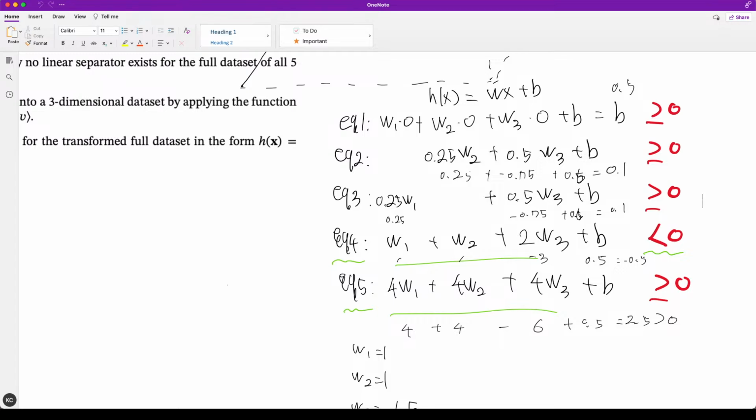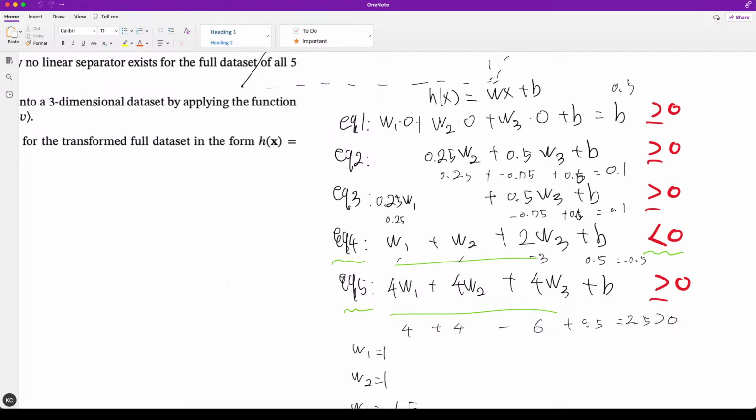So it is satisfied. It would be better to set b to 0.6 than 0.5, because if we set b as 0.5, 2 points are on the plane, which is the separator. So to make it more separable, we can just increase the bias a little bit.